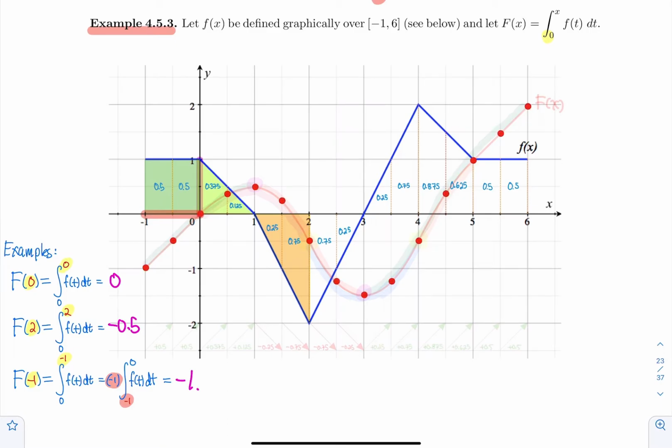Okay, so I'm looking at the outputs of big F. Now what I'm going to do is connect those points using lines. If you connect those points together, your graph will look like this. Okay, so that's the nice graph for big F. So this is the graph for big F of x.